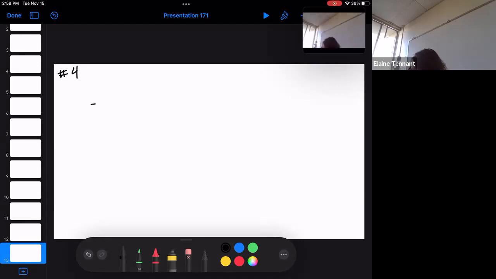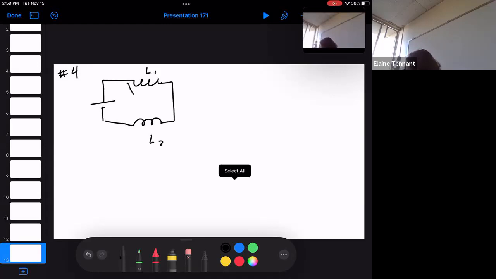So let's look at this. Say I have a circuit where I have two inductors, and we're going to start out in series. Okay, so I have L1 and L2. I am measuring the voltage across each of these, and I have an ammeter set up so I can tell you about the current as well.